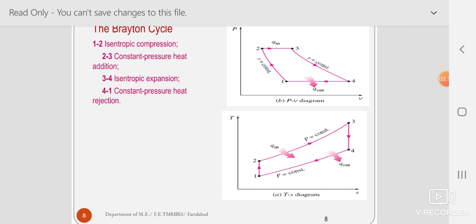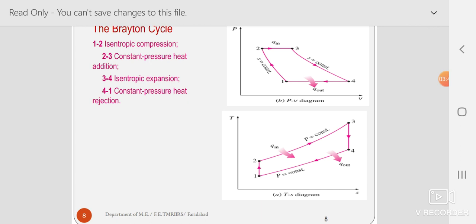Try to understand there are two phenomena. 1 to 2 is isentropic compression, means adiabatic frictionless compression. You know what is adiabatic frictionless isentropic; you read in thermodynamics in earlier classes, in earlier years. Now, 1 to 2 is isentropic compression, and as a result the temperature increases.